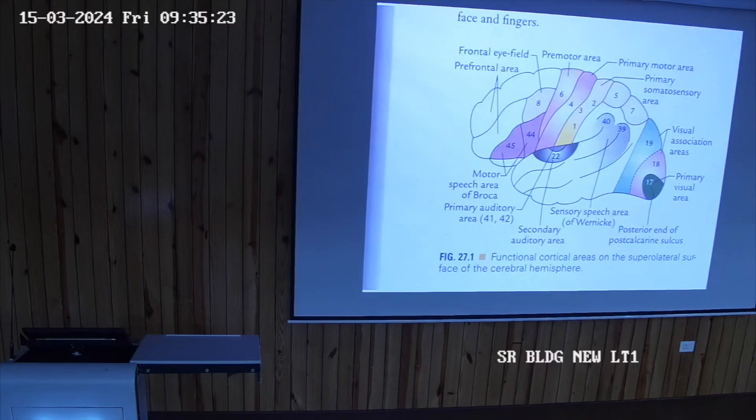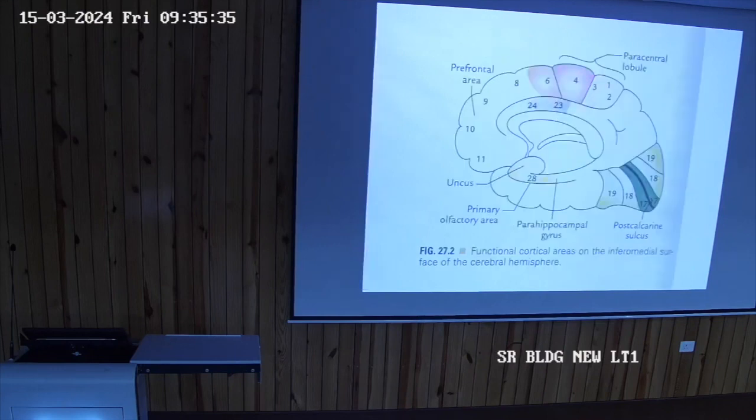Then we come to the olfactive part. The olfactive areas are numbers 28, 24, 23. The 24 and 23 are present in the parahippocampal gyrus, and 28 is present in the primary uncus part.